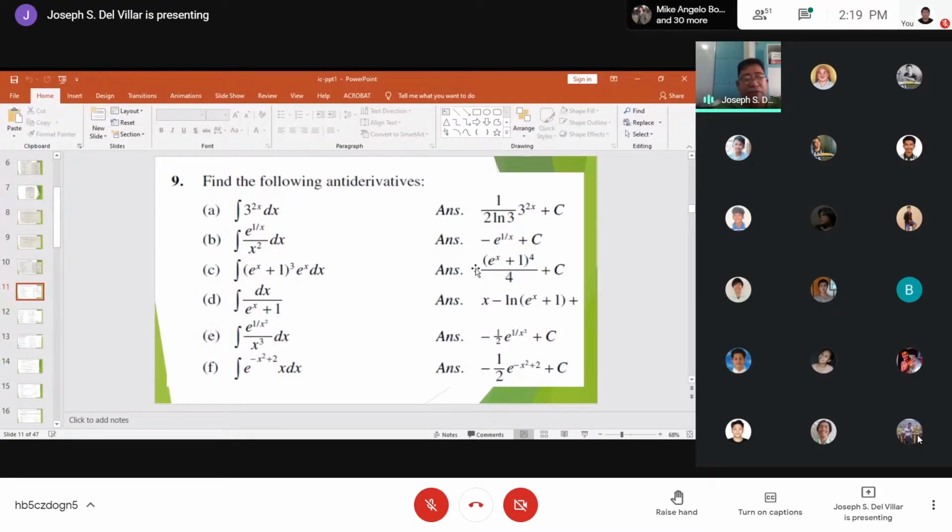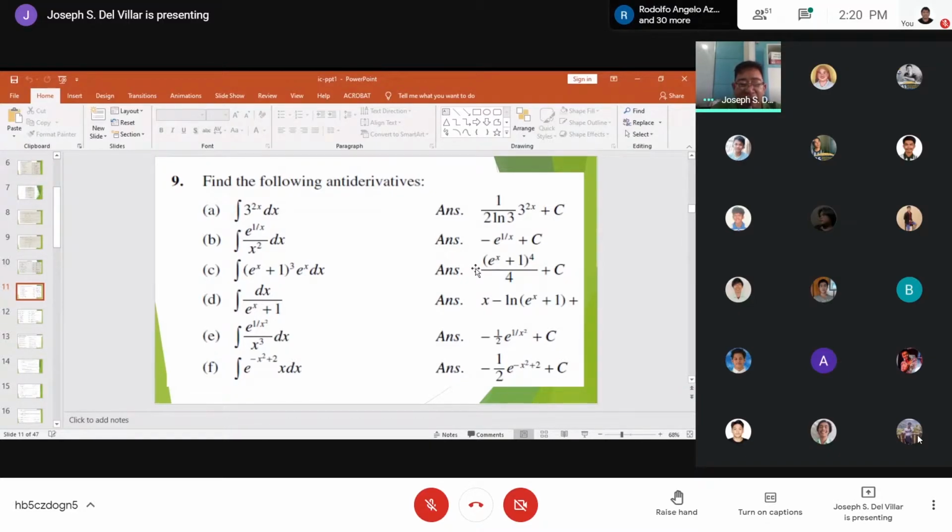Okay, so we check first the differential of 1 over x squared. Now 1 over x squared actually is x raised to the negative 2. So the differential of x to the negative 2 is negative 2 x to the negative 3.